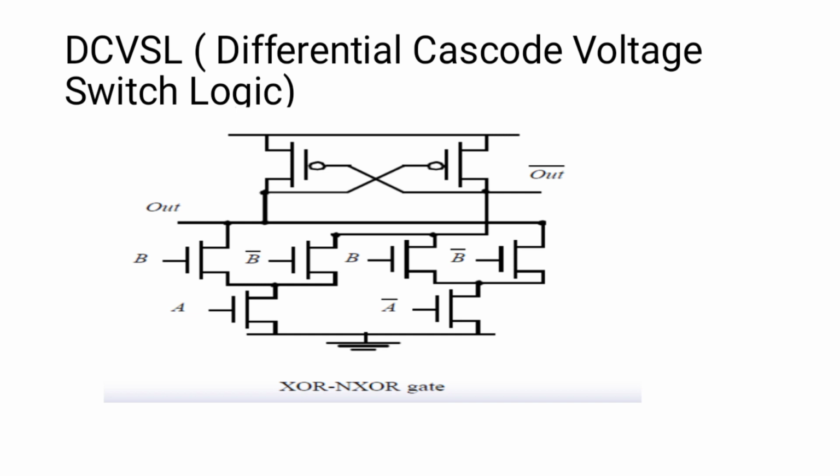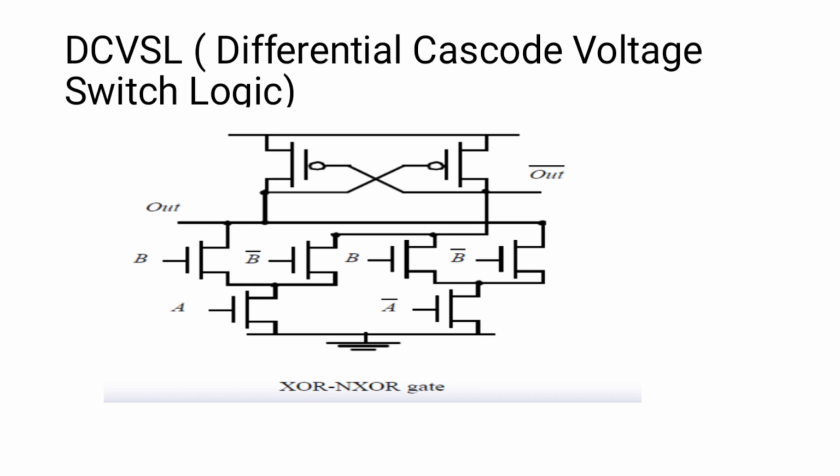And differential cascade voltage switch logic. With the help of pass transistors we may achieve XOR and XNOR, as seen previously. Then what is the need for differential cascade voltage switch logic? CVSL seeks the performance of ratioed circuits without the static power consumption.